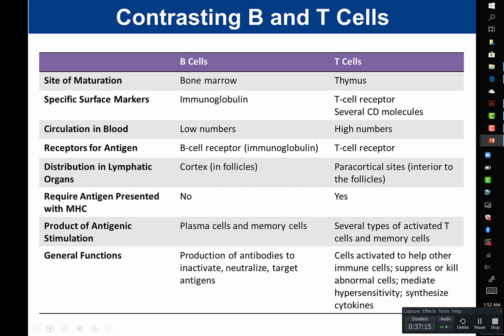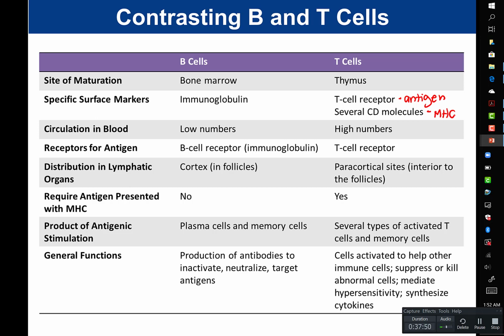T cells, on the other hand, have what's called a T cell receptor, and it has several CD molecules which recognize MHC. And so if we look at what they bind, let's write a note on here. My T cell receptor is going to recognize an antigen, and the CD molecules are going to recognize MHC, the appropriate MHC.